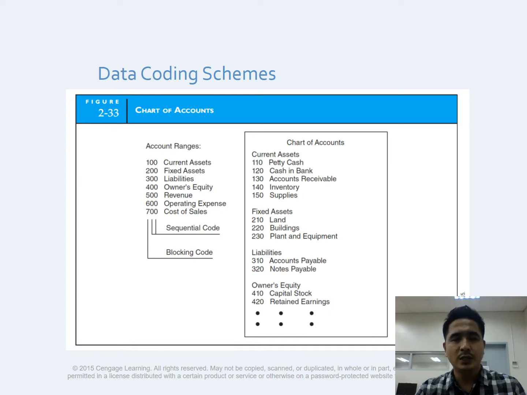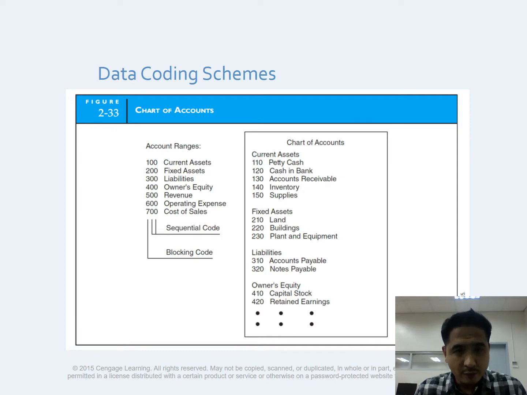So the good thing with this one is that it will help you account for completeness. For example, if account 300 is missing, meaning the liabilities are missing. The problem with this one is that first, if we need to add an additional item in between, we need to move all the others after that.